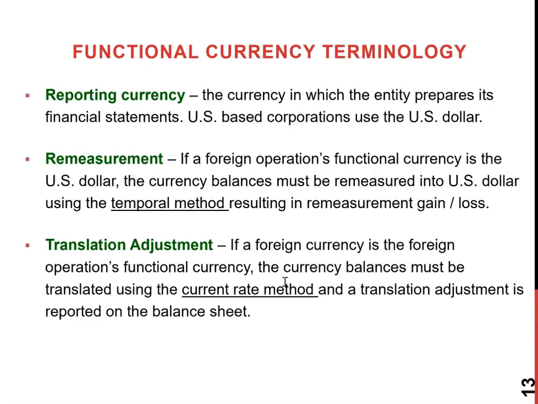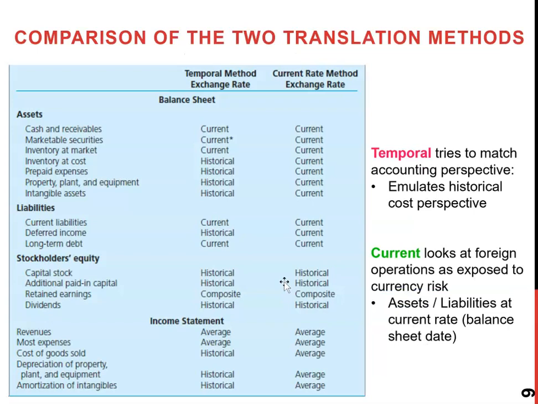You need to, because if you remember the chart you have seen here, some items we use the historical exchange rate, and some items we use current rates. So when we convert those to match with the accounting historical cost principle, we still need to convert those under the temporal method.